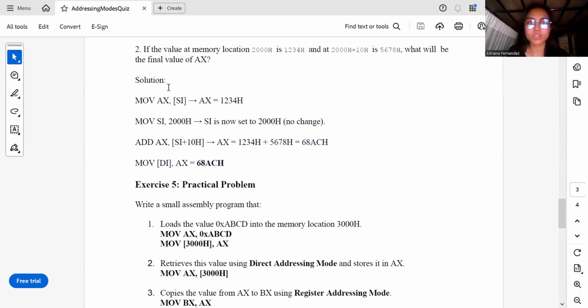Followed by the value at memory location 2010H, from 2000H plus 10H, which is now added to AX, and as a result, AX is equal to 1234H plus 5678H, which is equal to 68ACH.